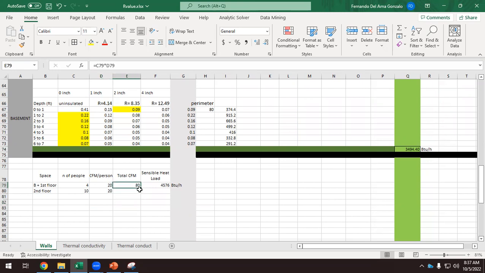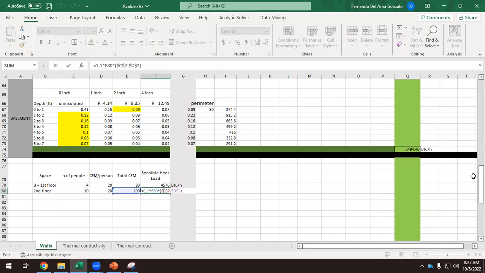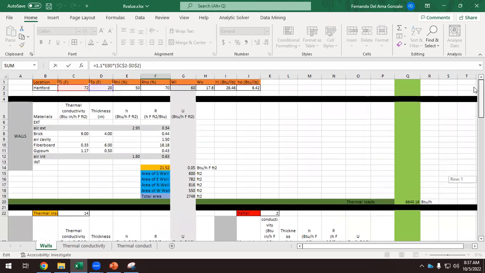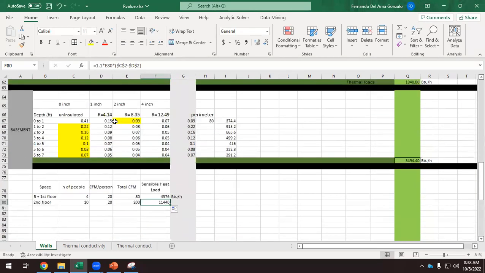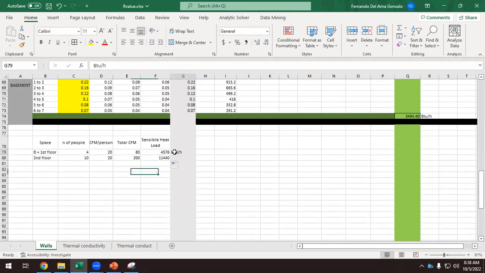But the total CFM, I can drag it down because it's always the number of people times the CFM that I have here. And then the sensible load, if I do this, it works because it takes the total CFM, and I have written the dollar. So it's taking the indoor minus outdoor temperature. And the units are always BTU. And what's the third floor?